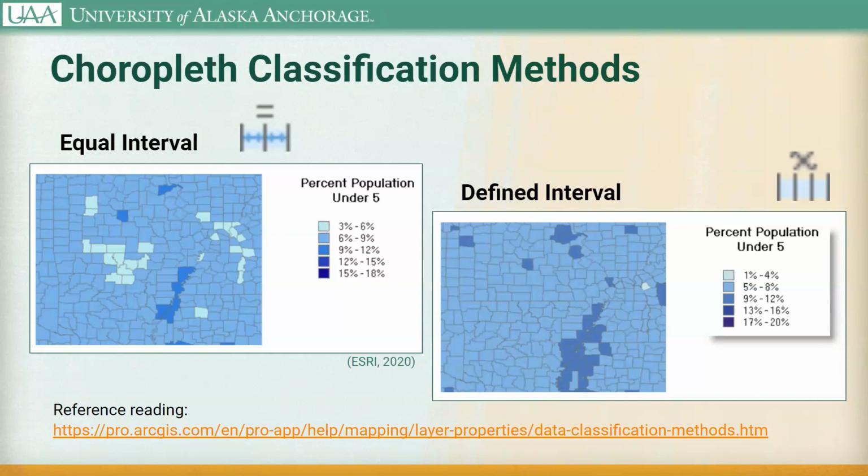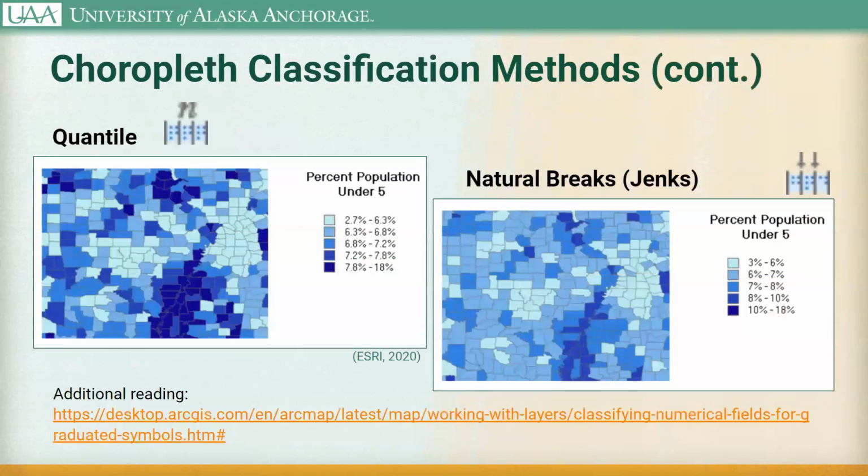But as part of the background of knowing that statistics is designed to interpret data for you, and therefore twists that data in a lot of different ways. All right, so those are both equal interval systems. And then we have the quantile system, which looks at the distribution of data and makes the groupings equal.